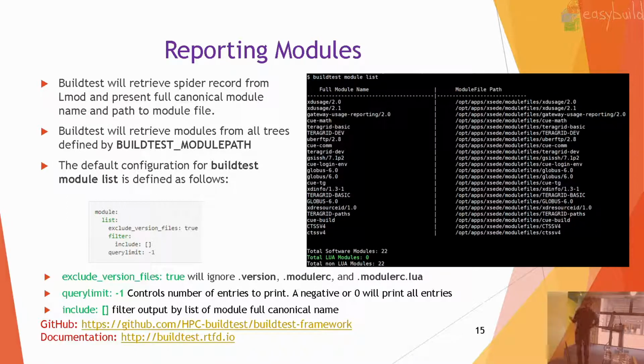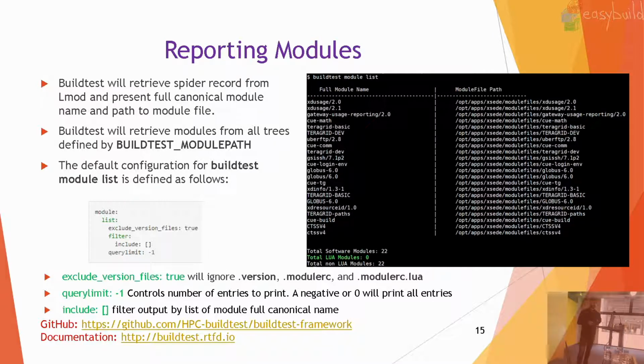You'll also see some additional features that I've implemented, where you can do filtering of modules. You can exclude module version files. With the help of Robert, I was able to figure out some of these things.